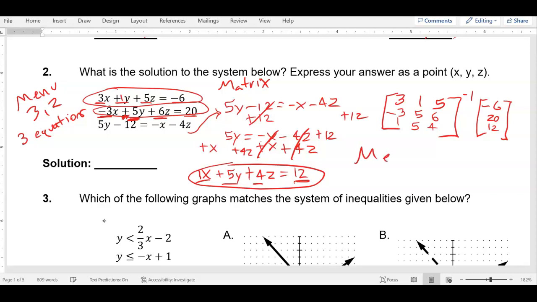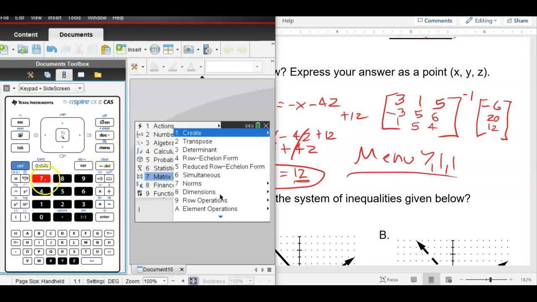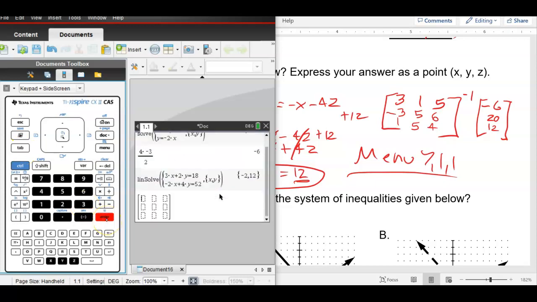So how do you do that? Menu 7, 1, 1 for matrix. So menu 7, 1, 1. I need to make this a 3 by 3. So hit 3, tab 3. It's tapping in 3, 3, tab 1, tab 5. -3, tab 5, tab 6. 1, tab 5, tab 4.